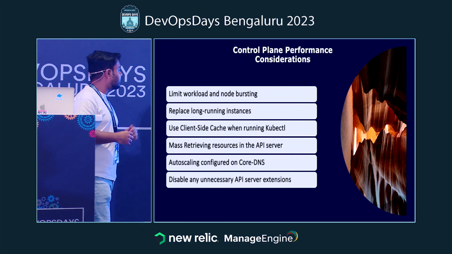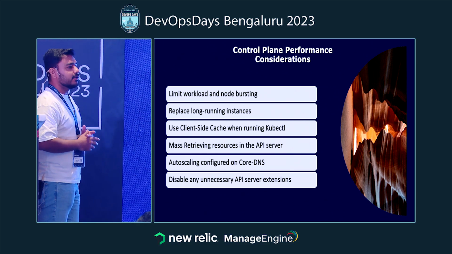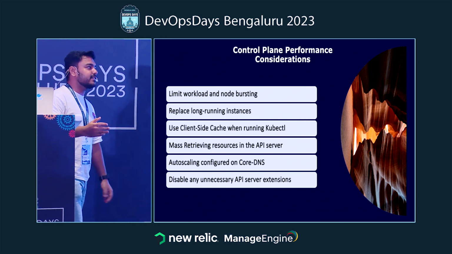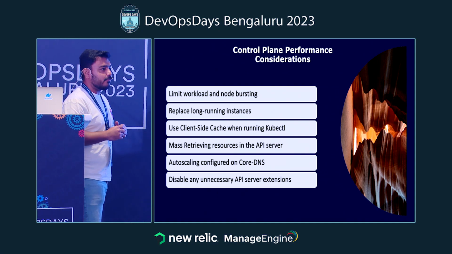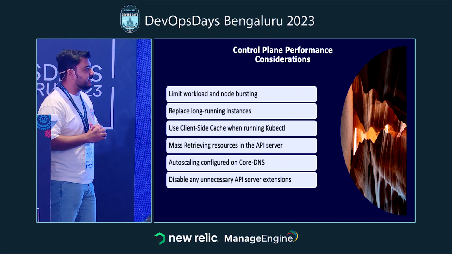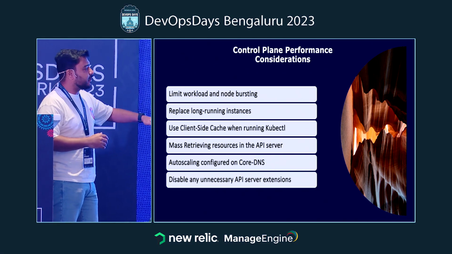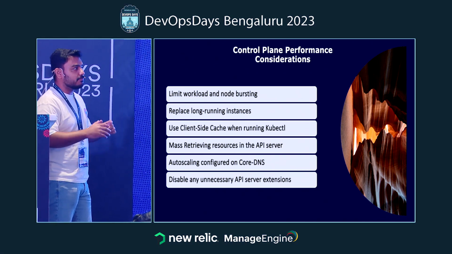The next thing is replacing long running instances. If any instance has been running for more than, say, 5 days, or for a very long time, multiple things can happen under the nodes which are not very visible to containers.